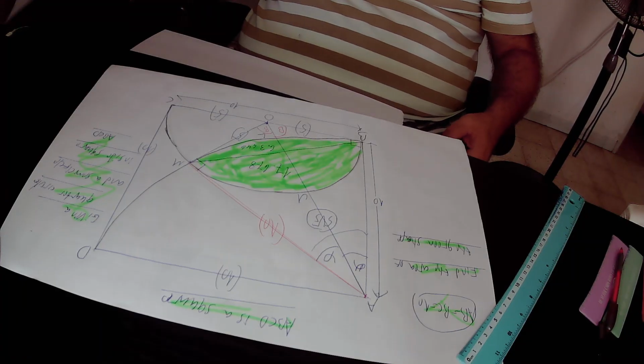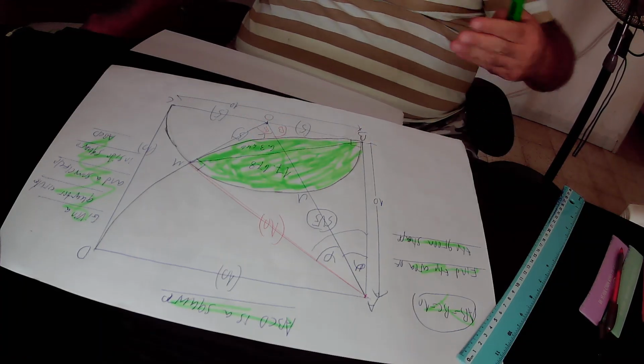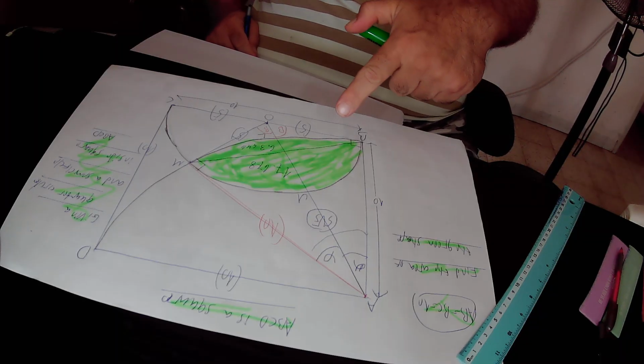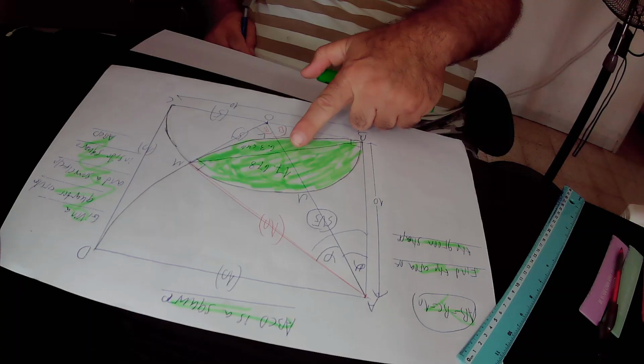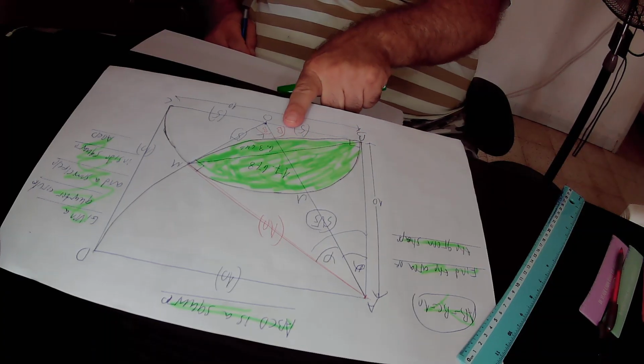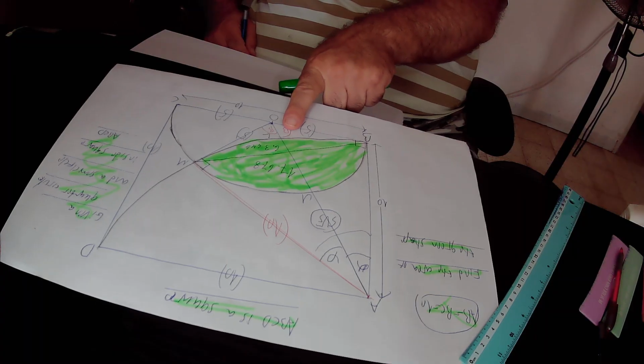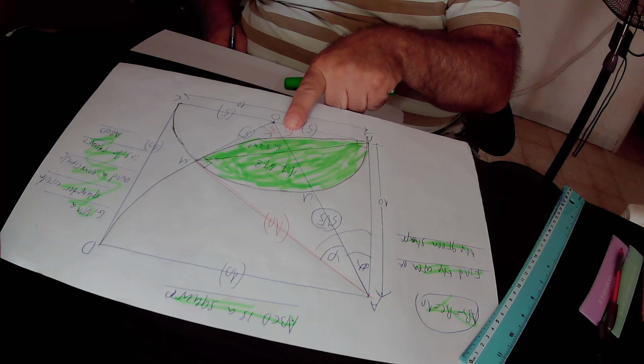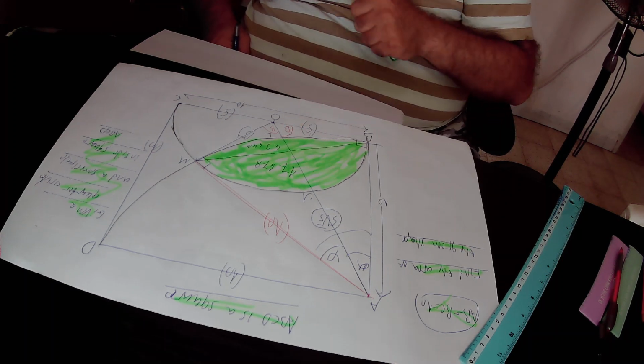Now the task is to find the area of this green shape. The area of the green shape in total equals the area of the upper segment BOM, that is 17.678, plus the area of the lower segment BLM, that equals 6.3646 square units.